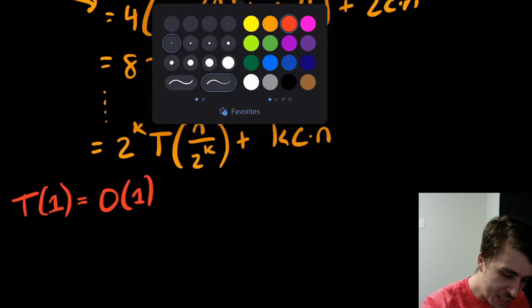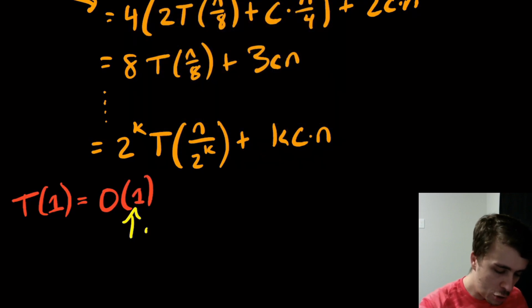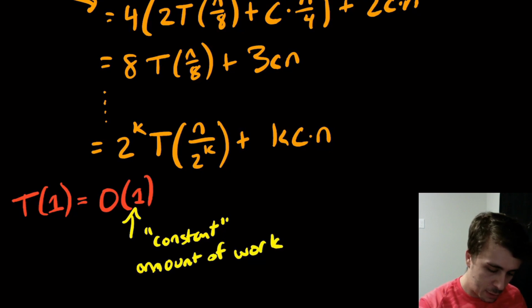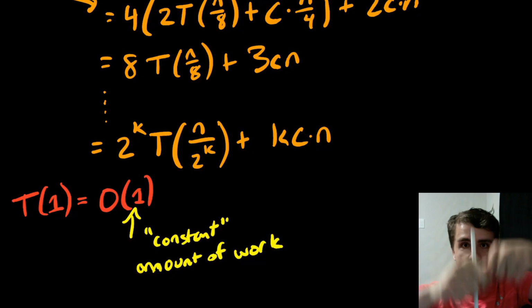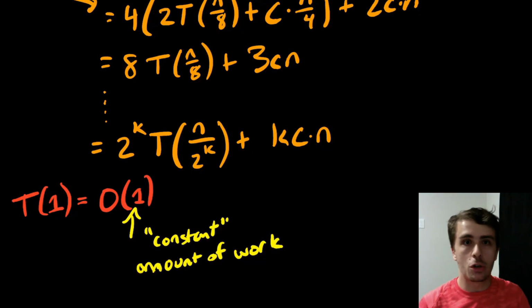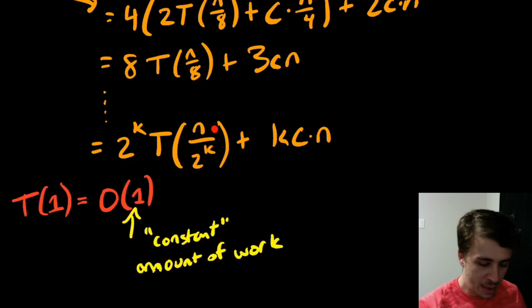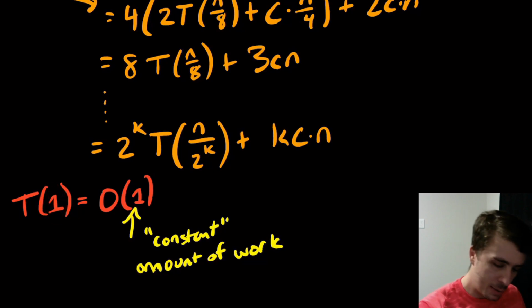And if you see this, the big O of 1 just means a constant amount of work. Okay, so when we drill down all the way to the bottom, we're eventually going to have a constant amount of work. So what is the value of k then such that we eventually drill down to hit 1?